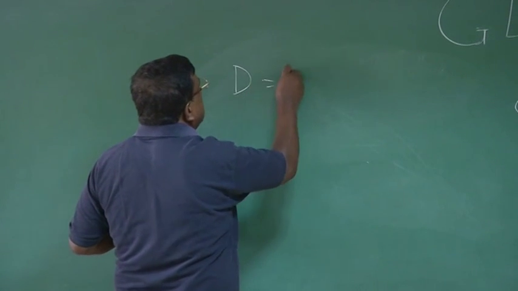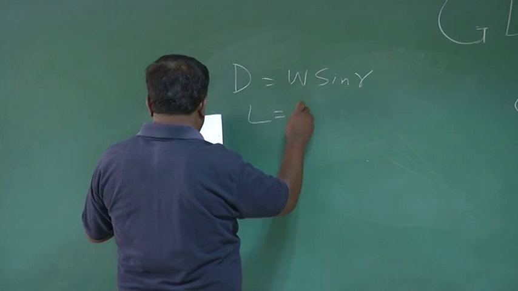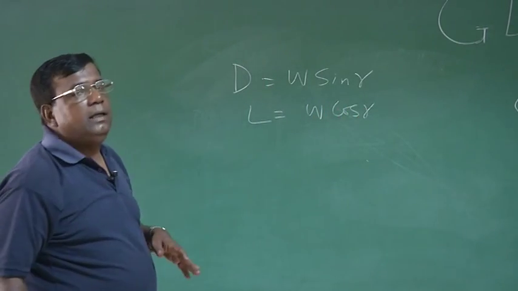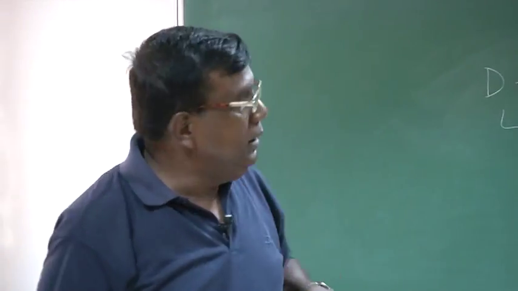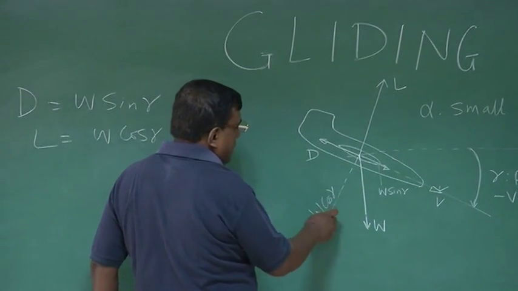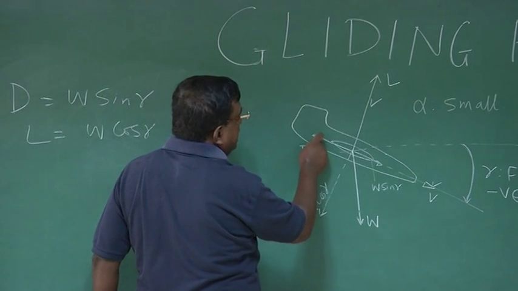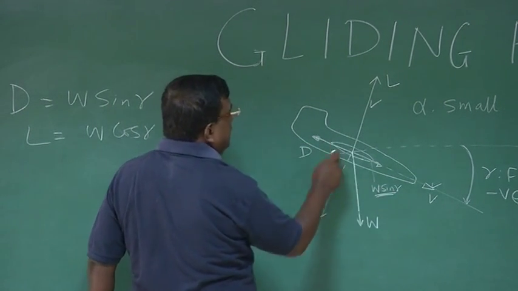Let me write this. I am assuming that forces are balanced. So this is the lift, and W cos gamma is the component of weight which is balanced by lift, and there is W sin gamma along the flight path, balanced by drag.